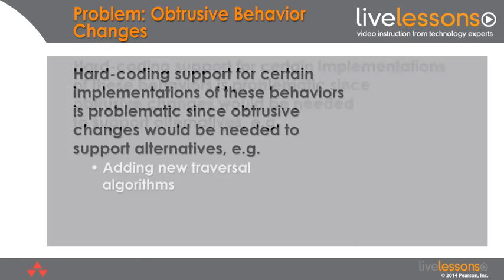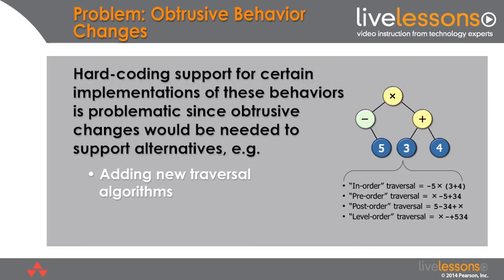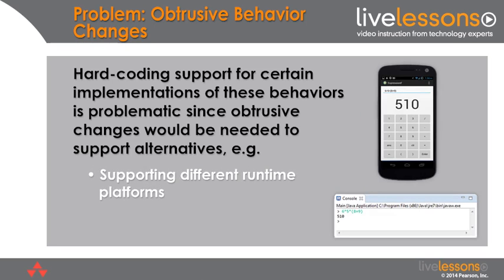For example, we certainly don't want to have a situation where we hard code ourselves only to support pre-order iterator traversal, as we had done earlier. So we'd like to find a way of being able to add new traversal algorithms without changing anything in our code. We also want to find ways of being able to support different runtime platforms. We'd like to be able to have the code be the same and then be able to somehow parameterize certain elements of it depending on what runtime environment we happen to be using at any given point in time.